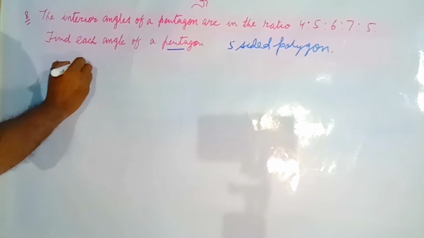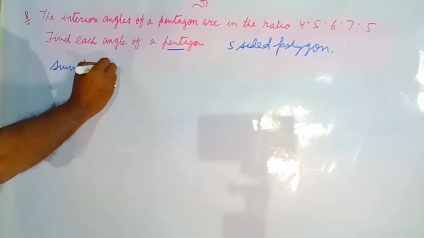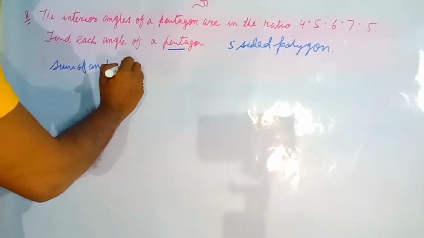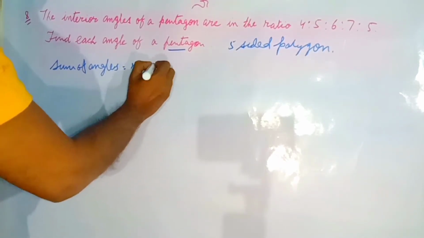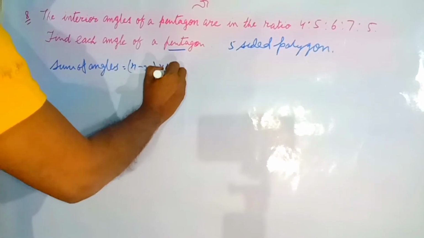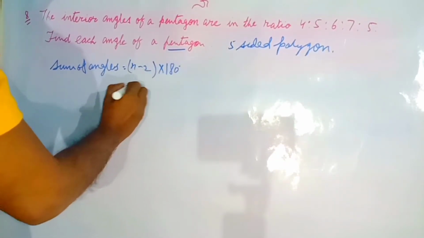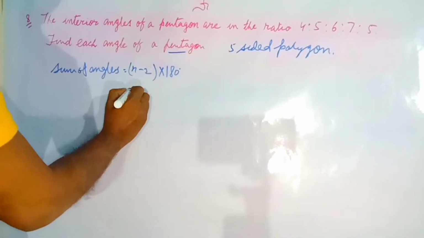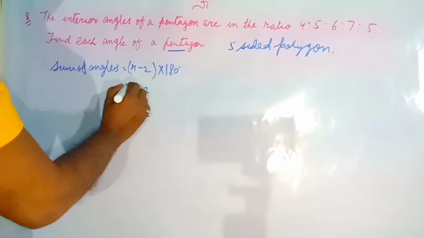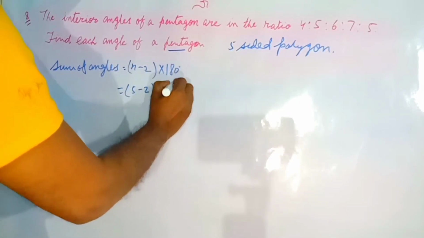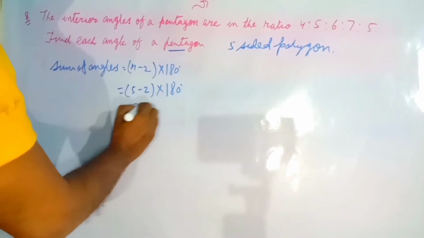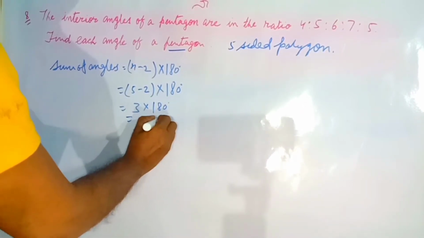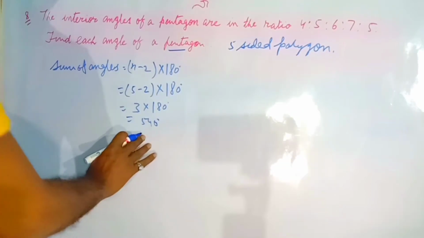Sum of angles means (n minus 2) into 180 degrees. Since it is a five-sided polygon, in the place of n we will write 5, then minus 2, and then 180 degrees. Then it is 3 into 180 degrees, which is 540 degrees.